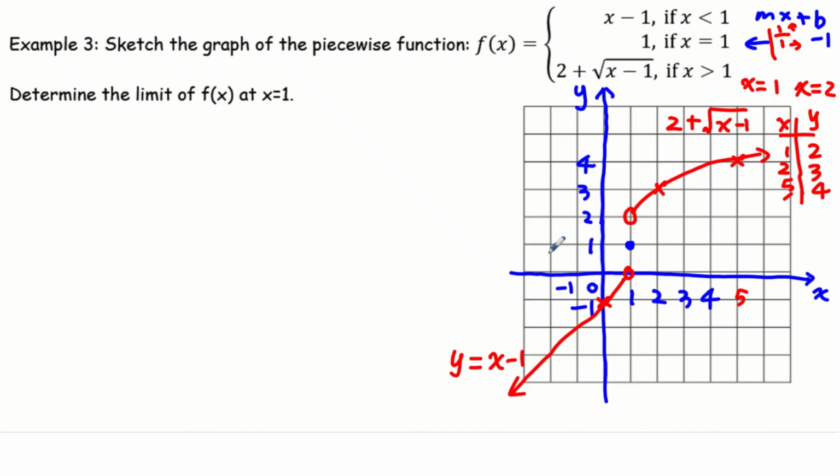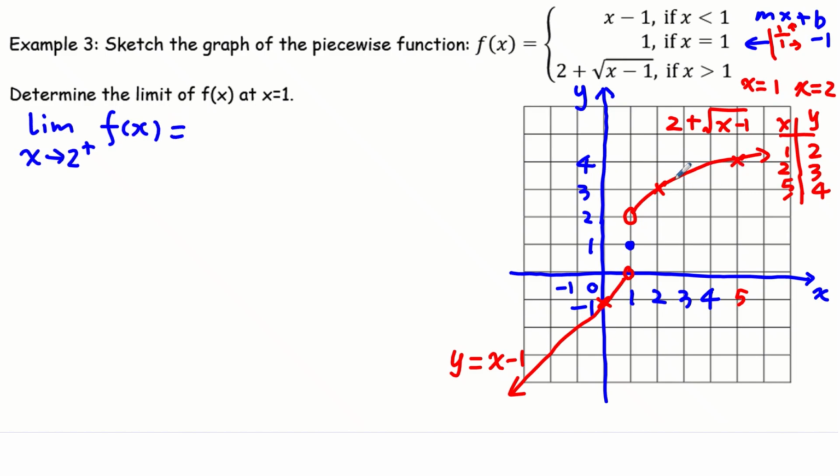So from this graph, we are going to see how we can find the limiting value of function f of x at x equals 1. We are going to write the limiting value as x approaches 2 from the right side.